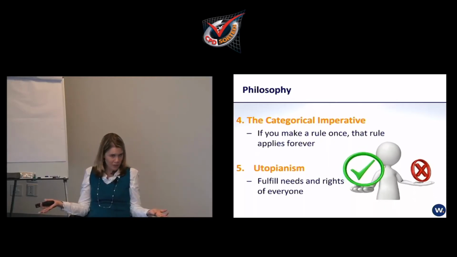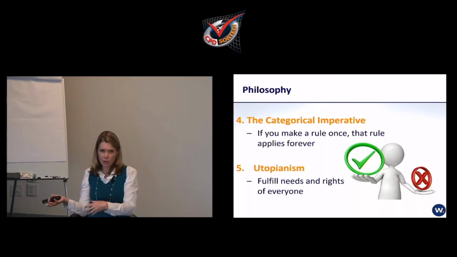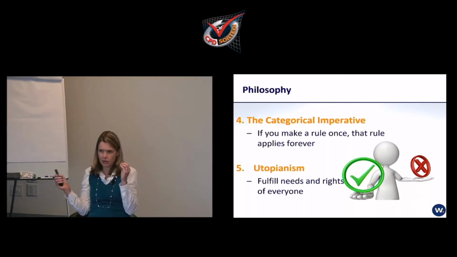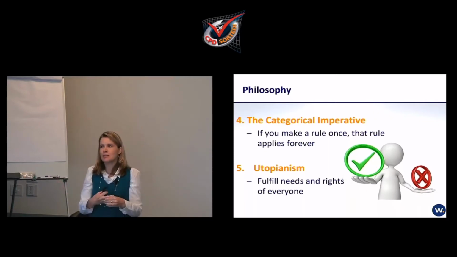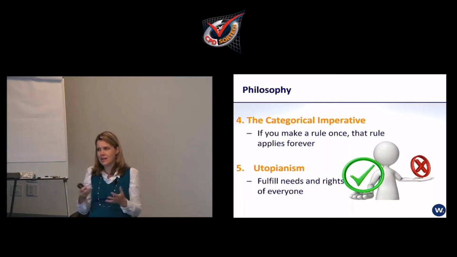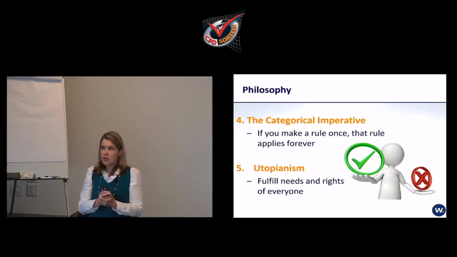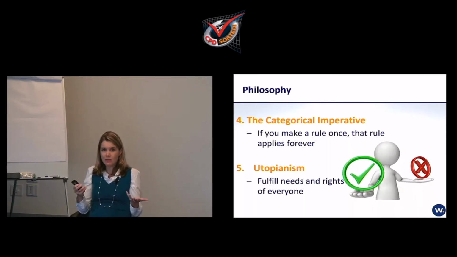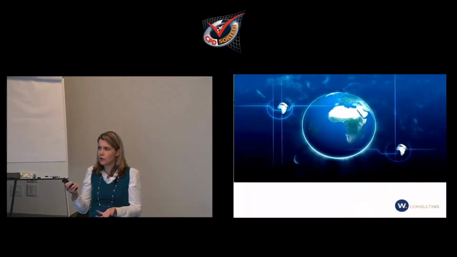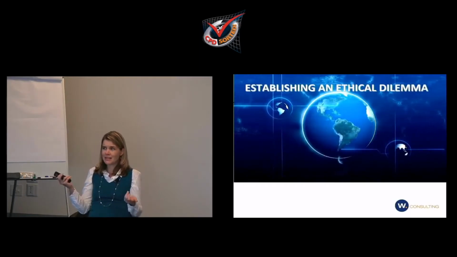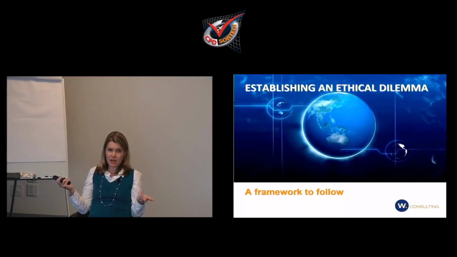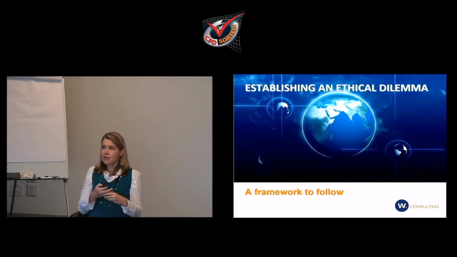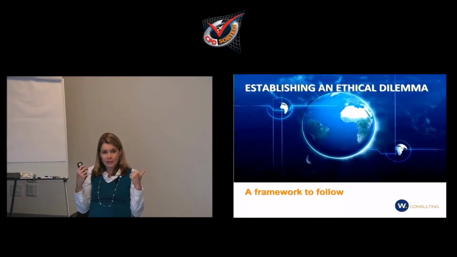But we know that people spend forever in court disputing this rule versus that rule in this circumstance. And utopianism, where everyone's rights and needs are fulfilled. None of these ethical philosophies actually work. So with that in mind, how do we address an ethical dilemma? Earlier today we spoke about, is it law?